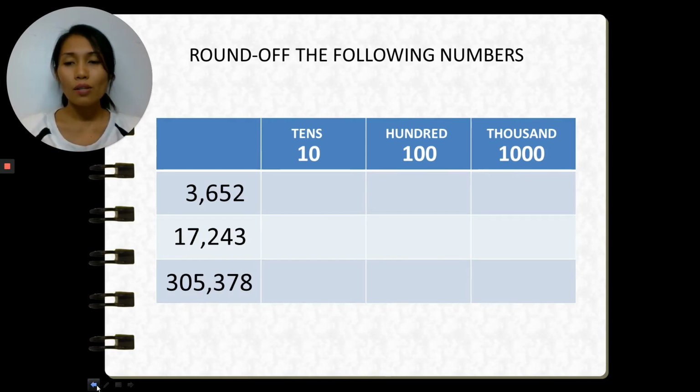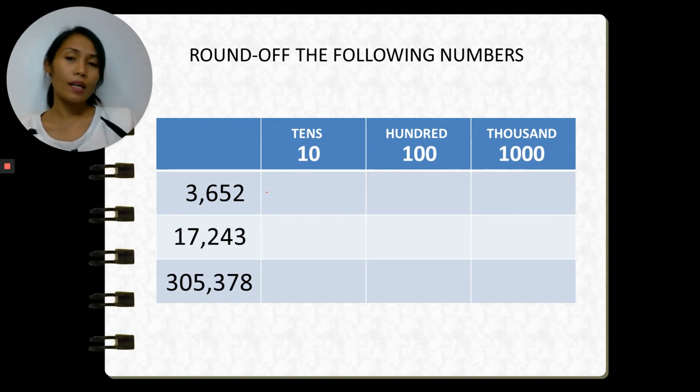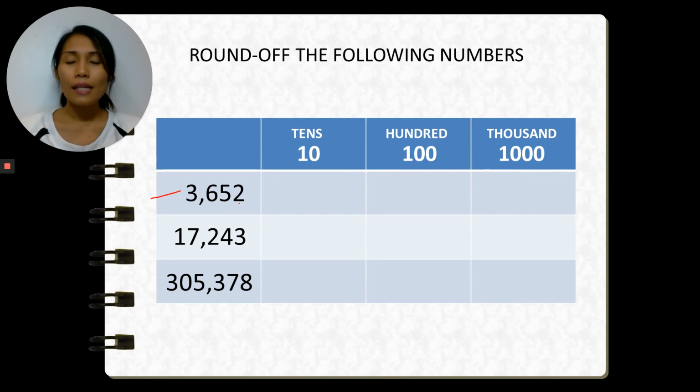Okay, then let's try to answer this one. In here, let's round this to the tens, the hundreds, and the thousands place. Okay, the technique is let's round up numbers from the tens place first. All of these numbers in the tens place. Okay, so number 1, tens is it 2 or 5?